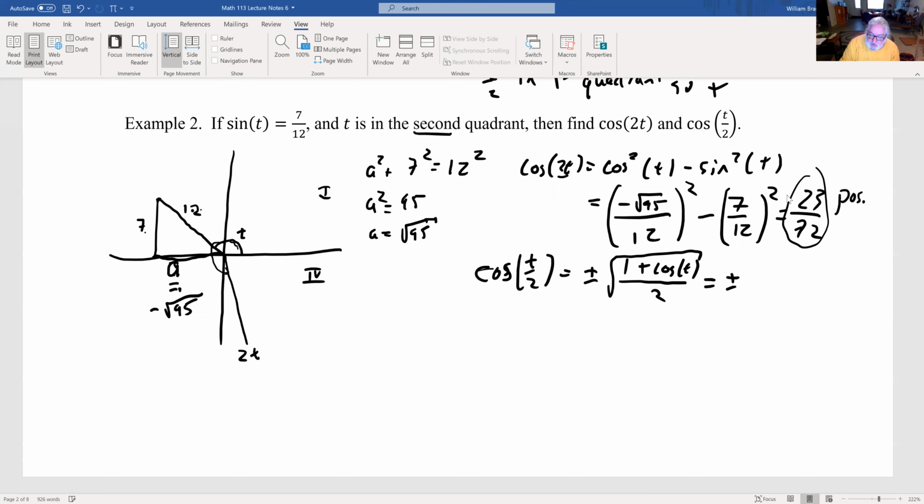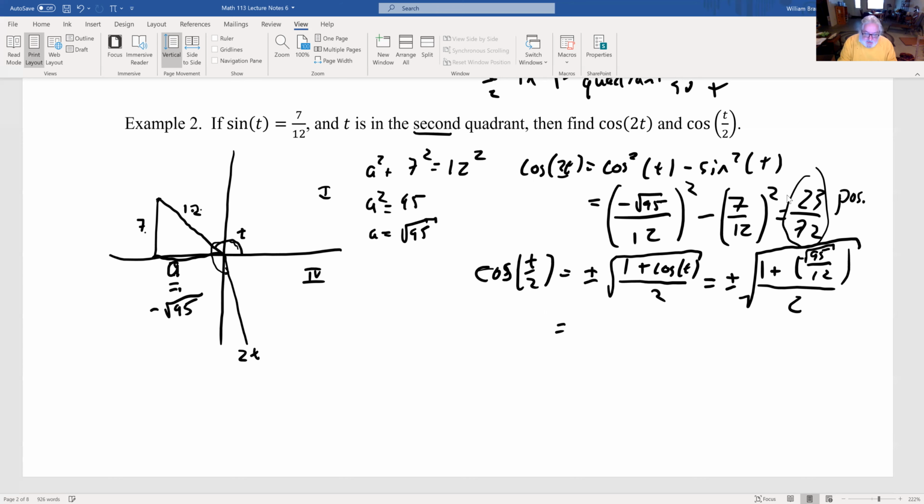And that'll be plus or minus 1 plus, now the cosine of t, where's my cosine of t, is minus square root of 95 over 12. It's my 95, it's inside a square root, it's got a minus sign, there's a 12. And that's all over 2, and then that's all inside of the square root that comes from the formula.